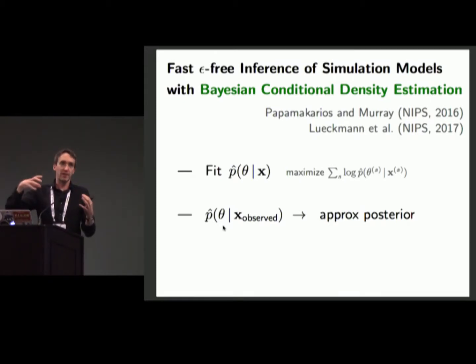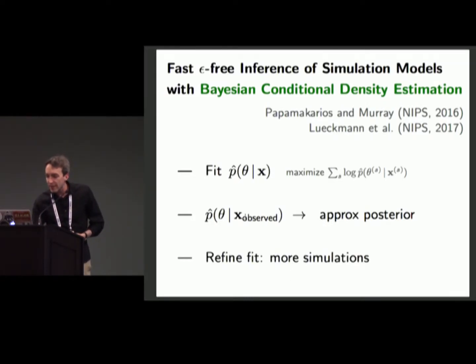We can then sample from that distribution to get parameters that will be more useful to simulate again. So we're going to run more simulations by sampling from this second distribution, getting parameters, running simulations at those parameters, and then refitting our original model.